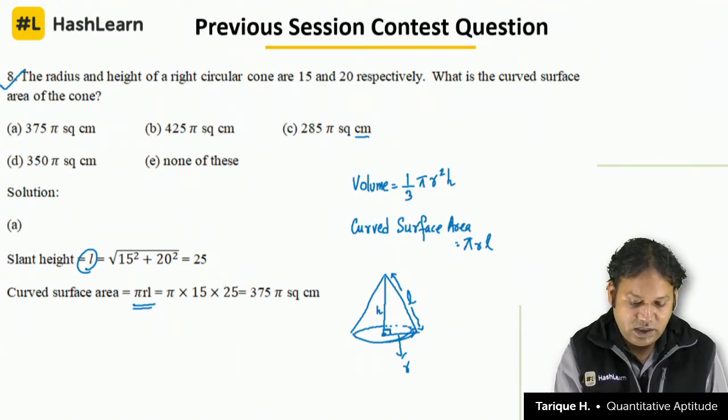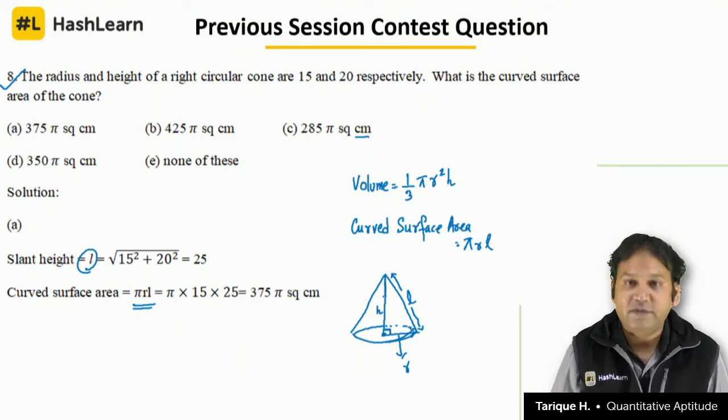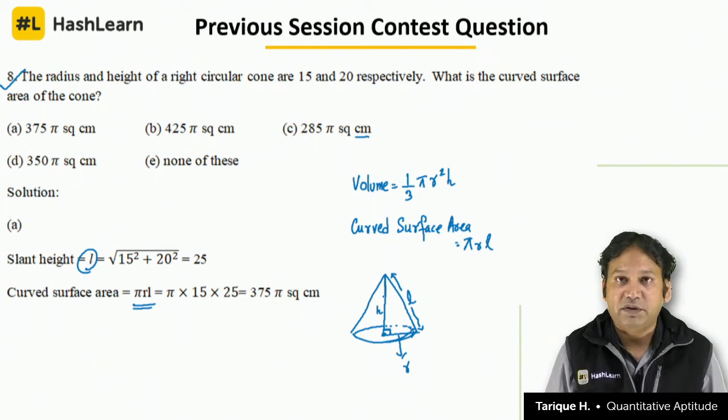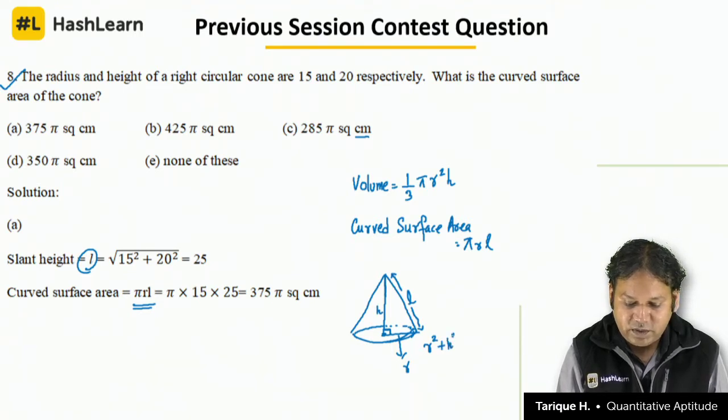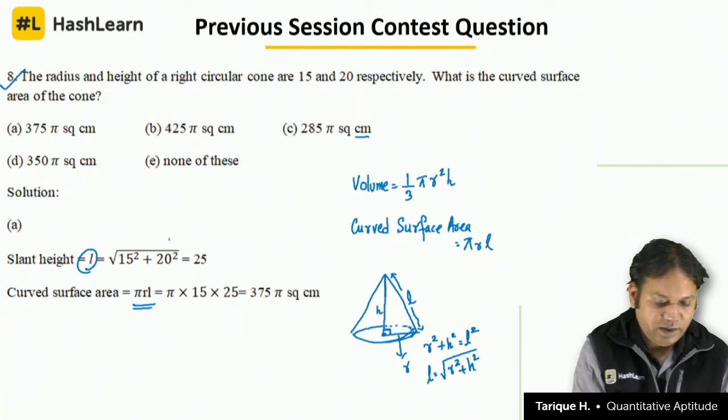Now if you can see, this is a right angle triangle. So using the Pythagoras theorem, we can say that r square plus h square is equal to l square, or l is equal to under root r square plus h square, and this is what we have done here.